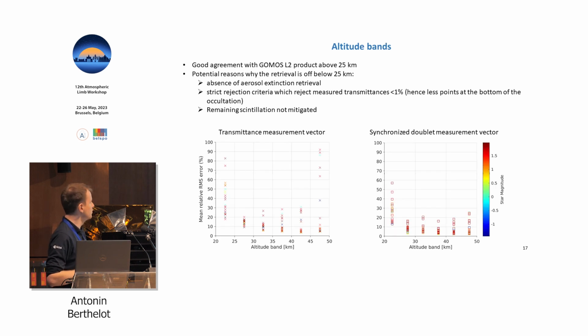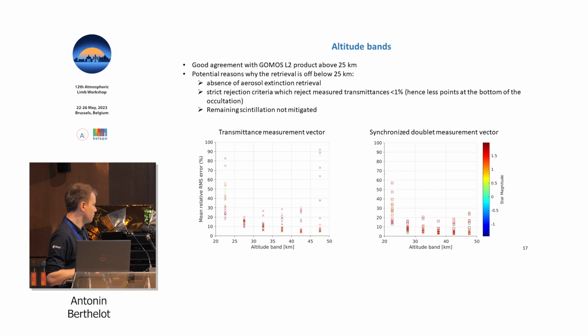And if I go to the different altitude bands, because these are profile retrievals, so same with the transmittance and the synchronized doublet, I see that it gets better with the doublet, but we still have here some strong deviations around, so between 20 and 25 kilometers.